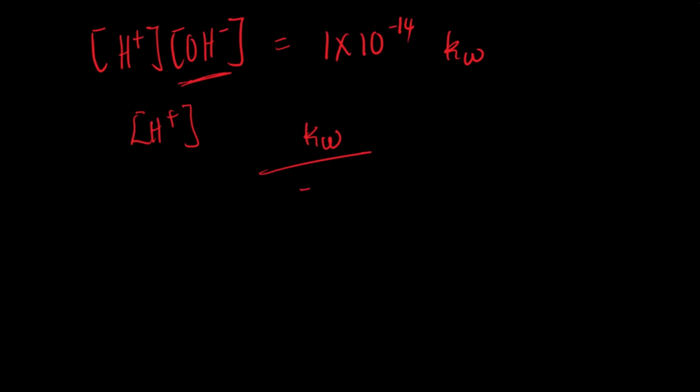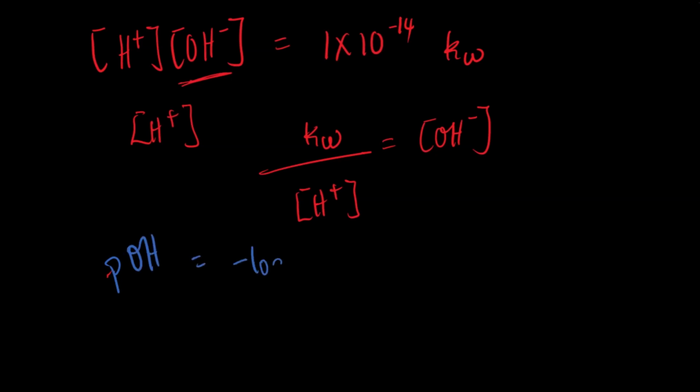That would simply be the ionic product of water divided by the hydrogen ion concentration. Now, just like pH, we also have pOH. So pOH is equal to the negative logarithm to the base 10 of OH ion concentration, and this is also of importance.